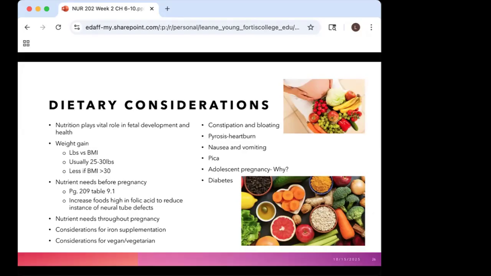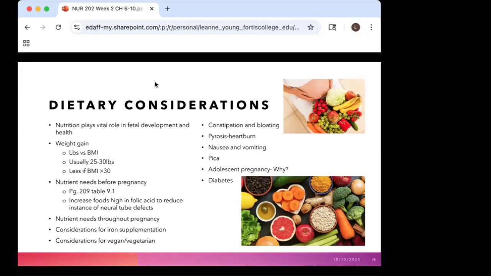So typically we're looking at a woman gaining about 25 to 30 pounds per pregnancy. A little bit less if the BMI is over 30. Okay, so if a woman's BMI is over 30 pre-pregnancy, we don't really expect them to gain as much weight during their pregnancy.